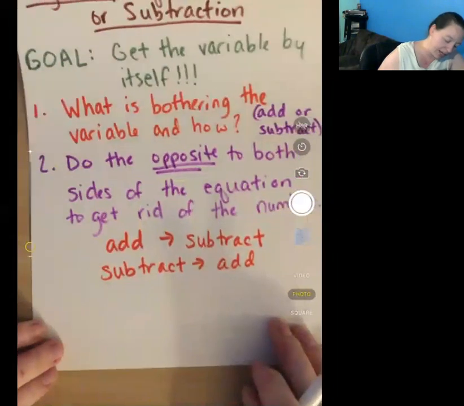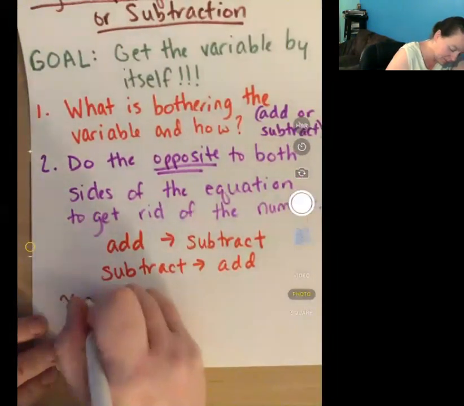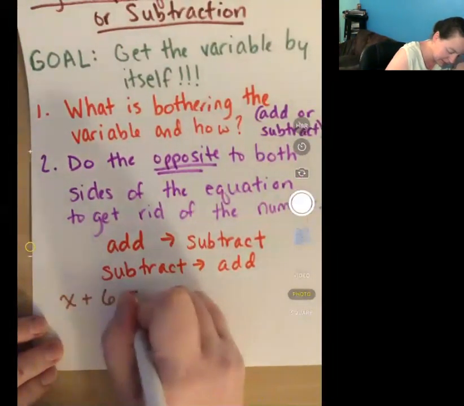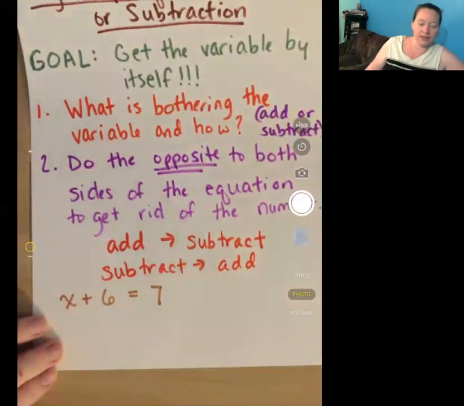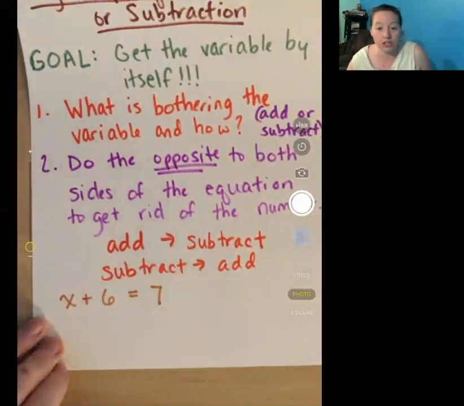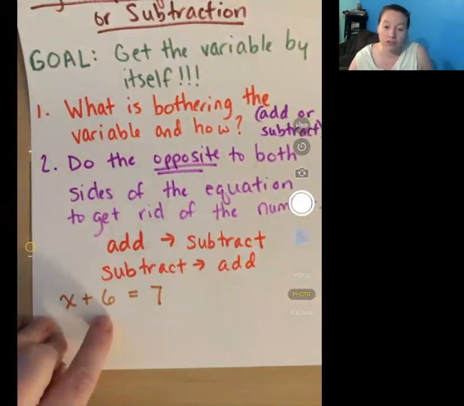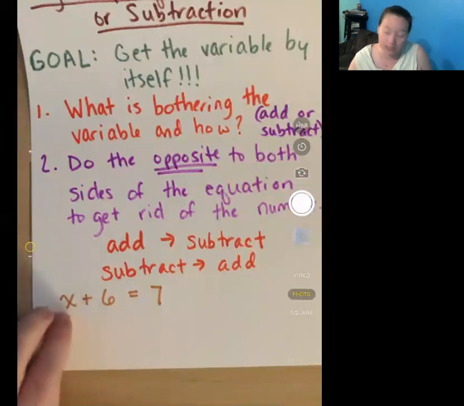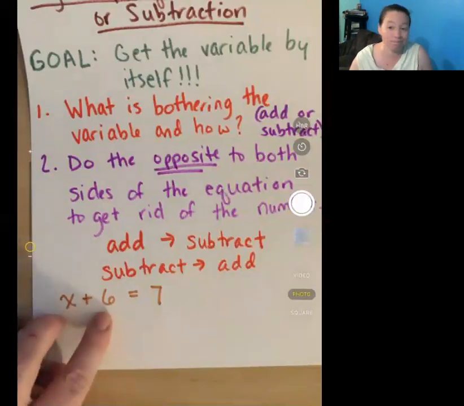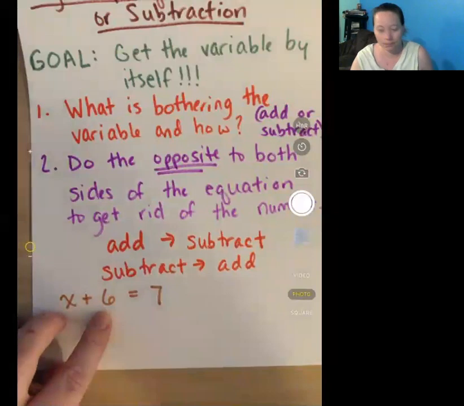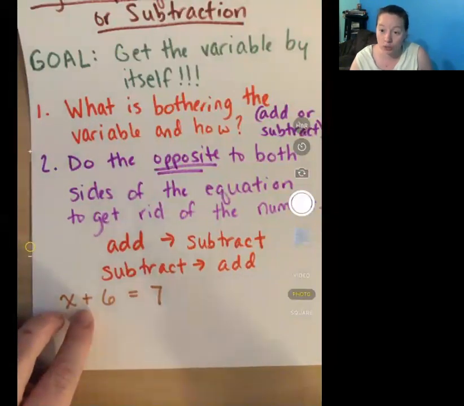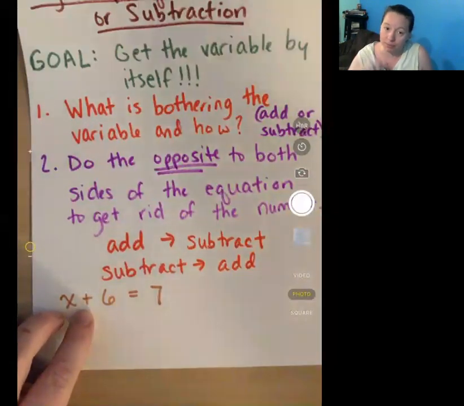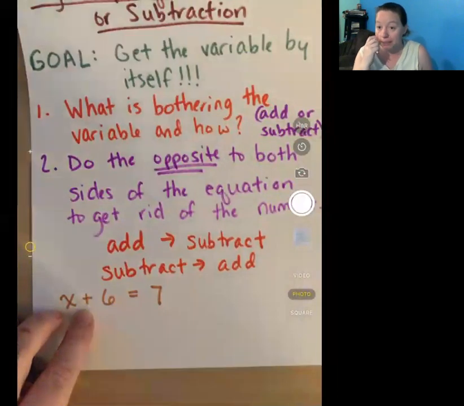So if I have x plus 6 is equal to 7, my first question is, what is bothering the variable? My answer is the 6. The 6 shouldn't be there. The variable wants to be by itself. The 6 is bugging it. How? It's added to it. So step number 2, I have to do the opposite.